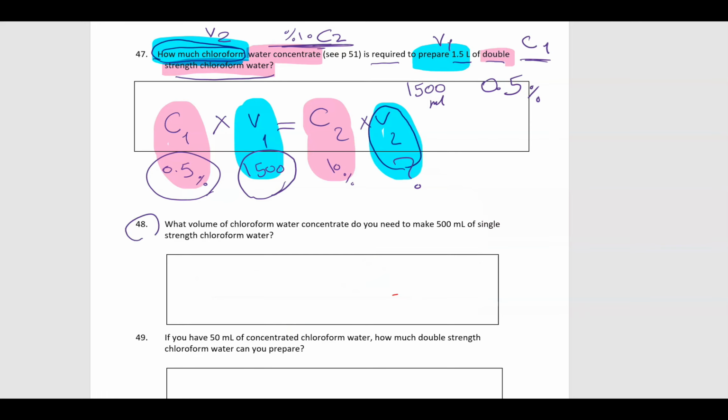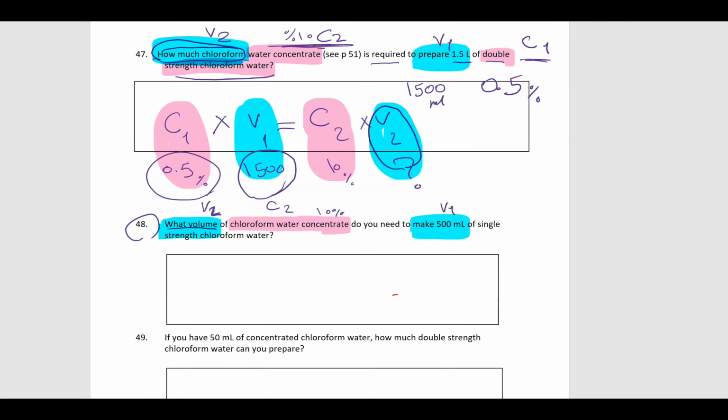So again, in number 48, what volume are we looking for? So it's V2. And the C2, what volume of chloroform water concentrated? So that's 10%. Do you need to make a volume of 500 milliliter?